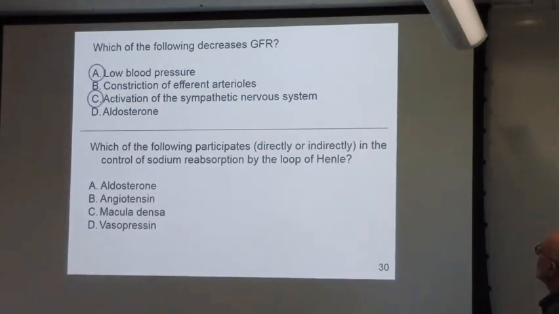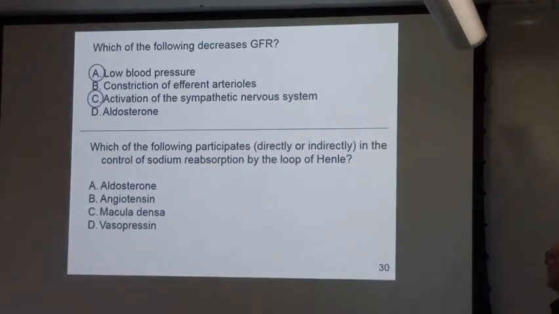Okay, which of the following participates directly or indirectly in this control of sodium reabsorption by the loop of Henle? I think the best answer here is going to be A, B, and C, and I see that many of you have it.